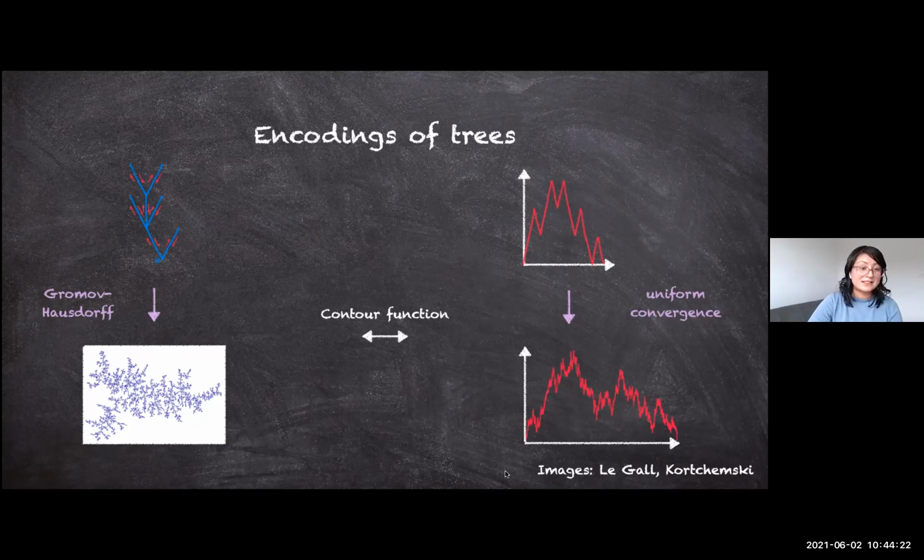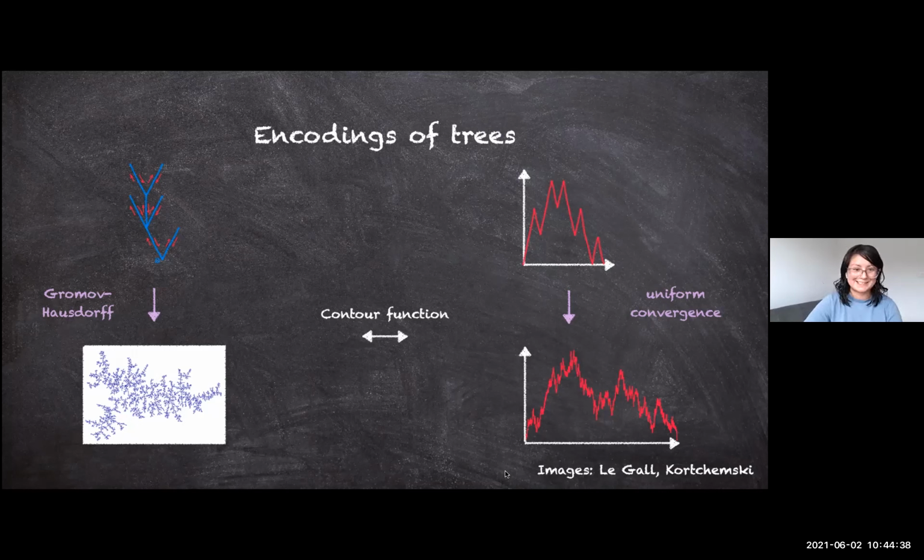That means that in our space of trees, these large Galton-Watson trees converge to the continuum random tree, the CRT, with respect to the Gromov-Hausdorff convergence.